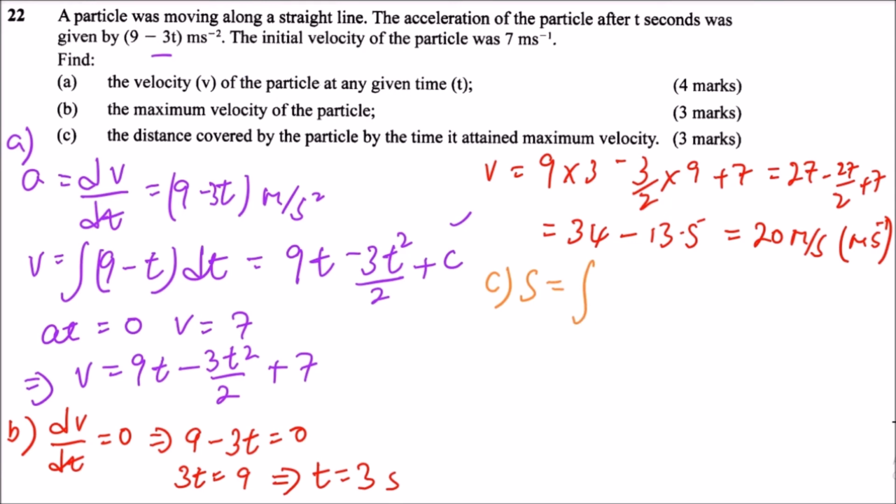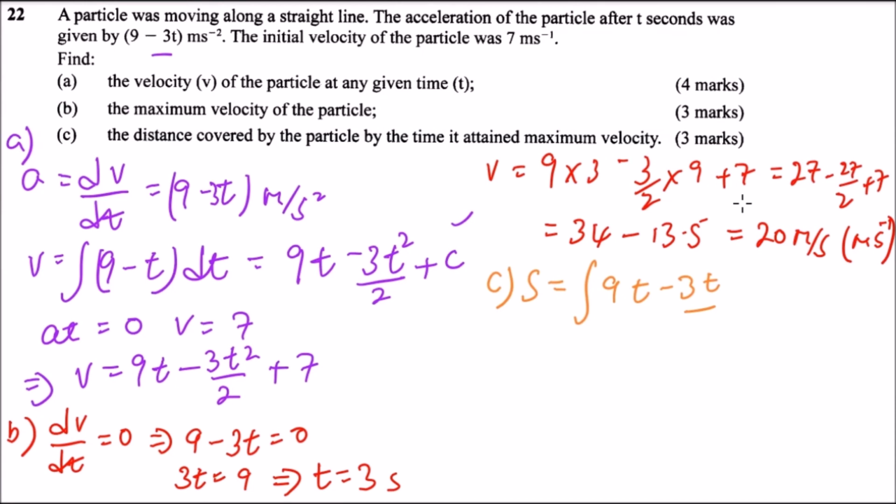Our velocity is 9t minus 3t squared, divided by 2, then plus 7, with respect to dt. And because we are talking about the time it attained the maximum velocity, we integrate within the limits of 0 to 3.